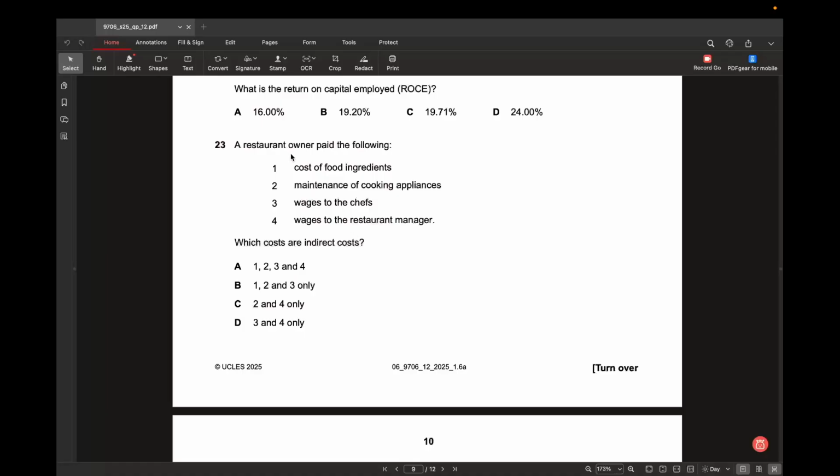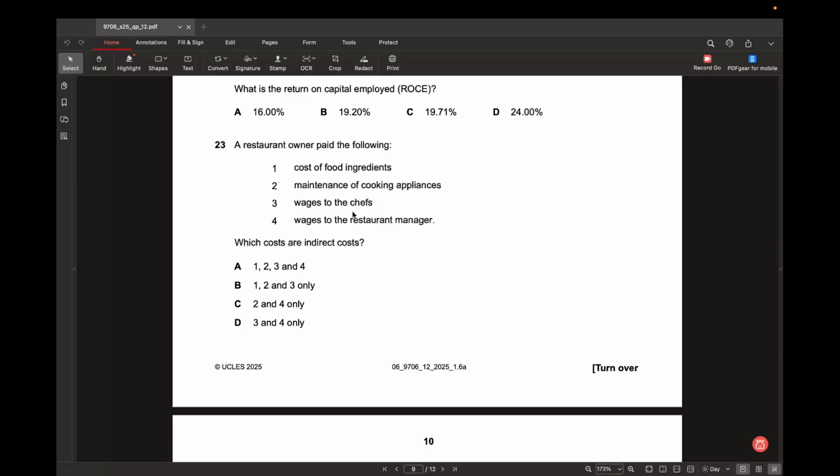Number one, food ingredients. These are the direct cost. Without buying ingredients, I cannot make food. So this is my direct cost. But the maintenance of cooking appliances is indirect cost. They are not directly helping in production, but indirectly helping.